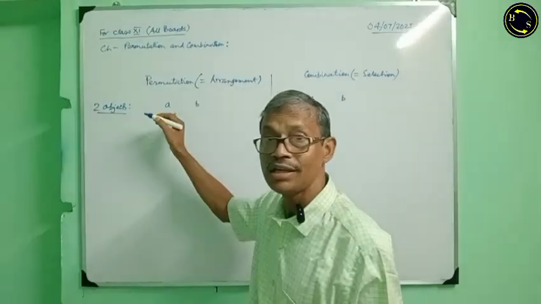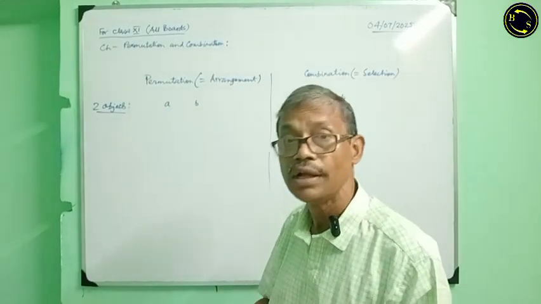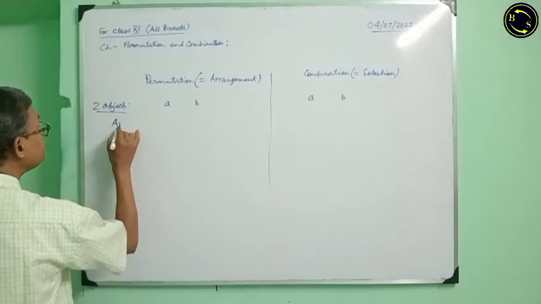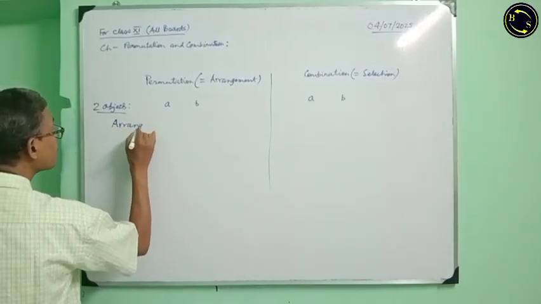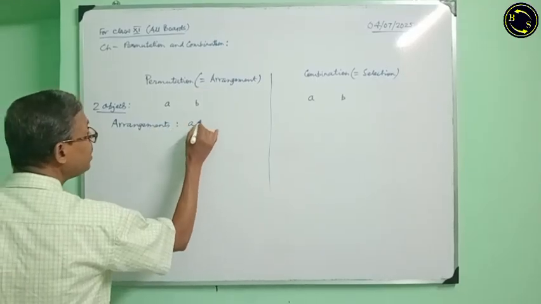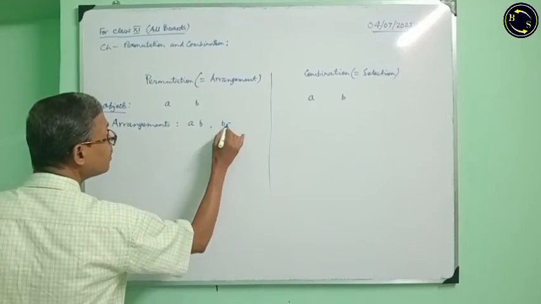Now, taking these two letters, the arrangements will be AB, BA.